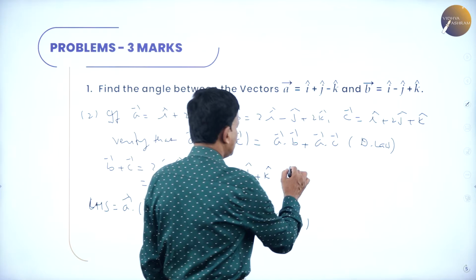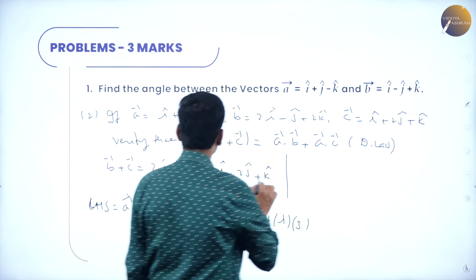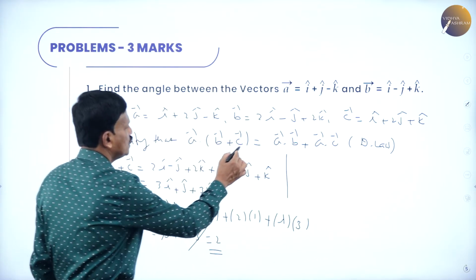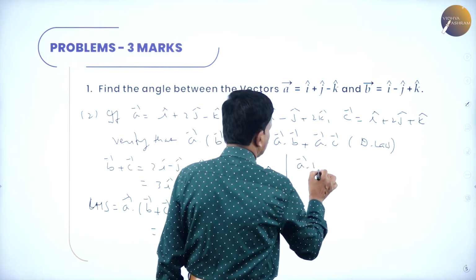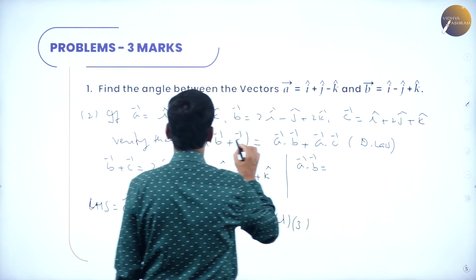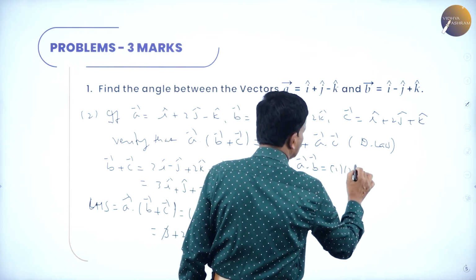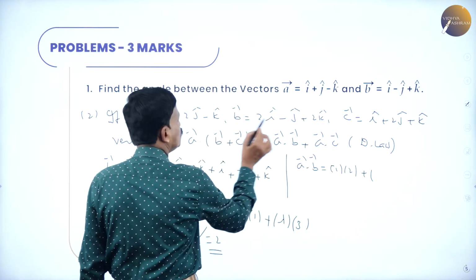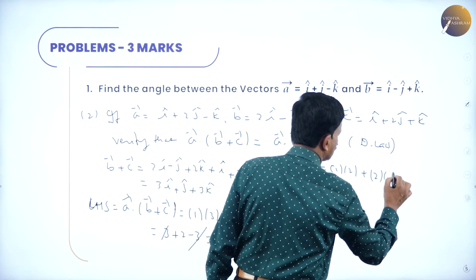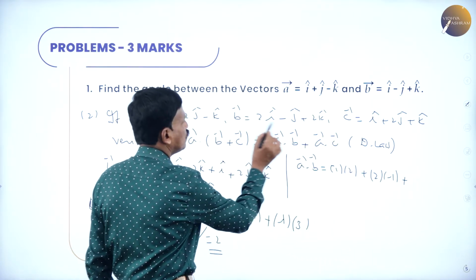On the other hand, let us find A dot B first, the dot product of A and B. That is 1 into 2, plus 2 into minus 1, plus minus 1 into 2.